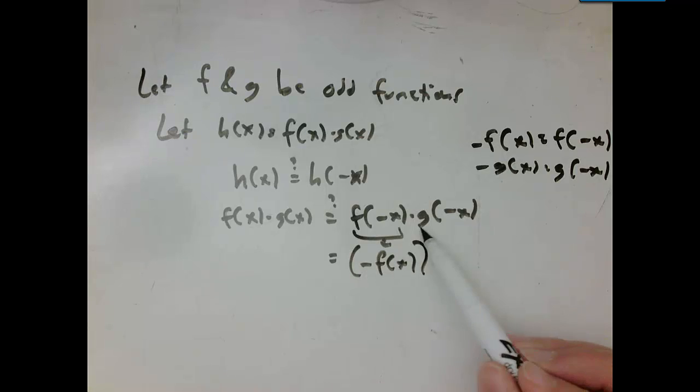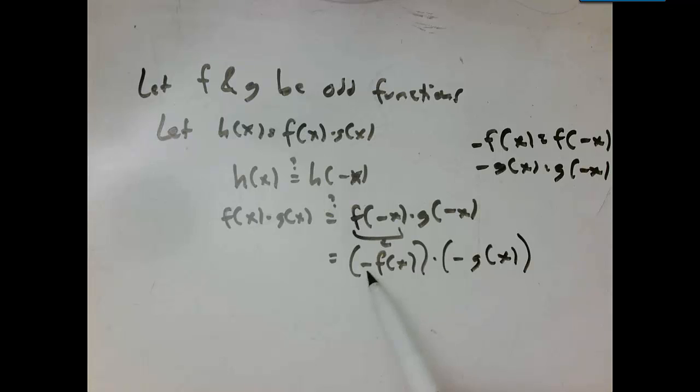And then g of the opposite of x becomes opposite g of x. And now the two negative signs cancel each other out. So negative times negative is positive. That gives me f times g, which is just what I have on the left-hand side. So that has shown me that, in general, any two odd functions, when you multiply them together, will be even.